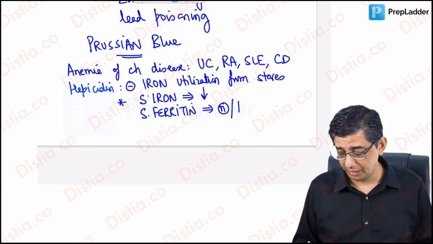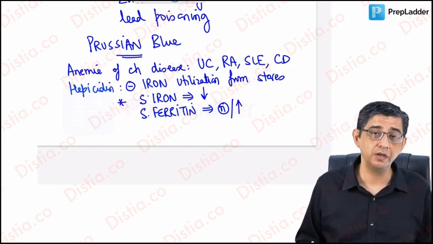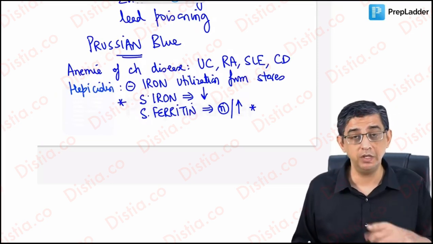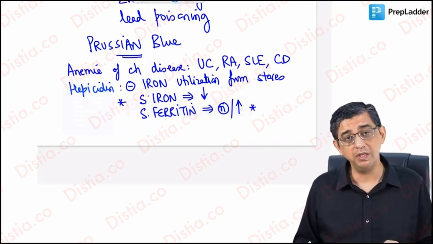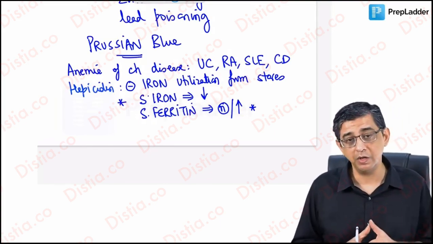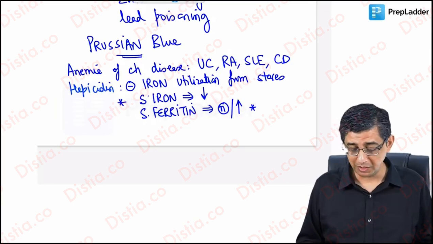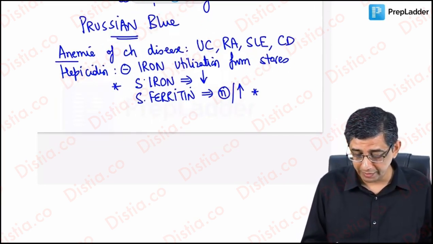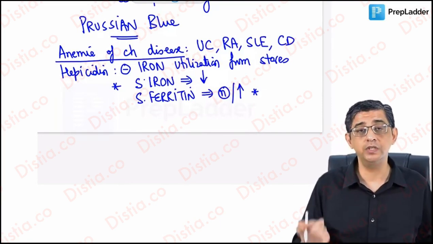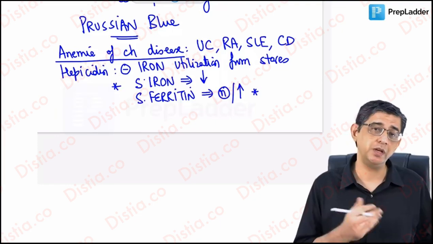So the values of serum ferritin will continue to rise. The peculiar thing is, I'm teaching you anemia in which ferritin is more, but still I'm saying anemia. Why? Because ultimately if iron can't come out, it can't be utilized for hemoglobin synthesis. So the speciality of anemia of chronic disease is it can also have an increase in the value of serum ferritin.